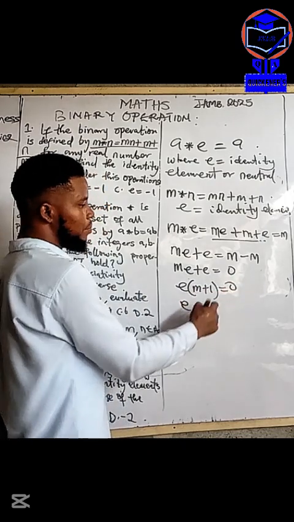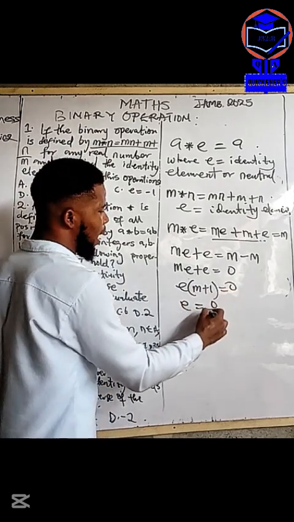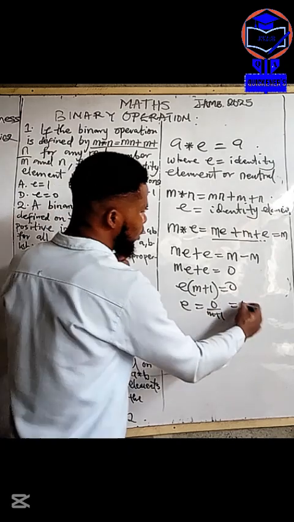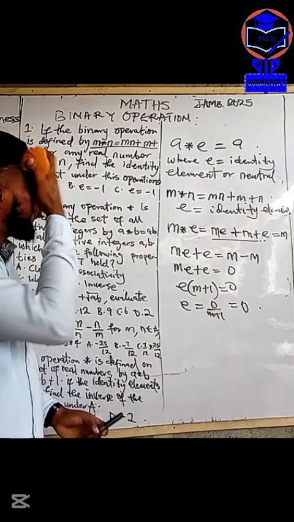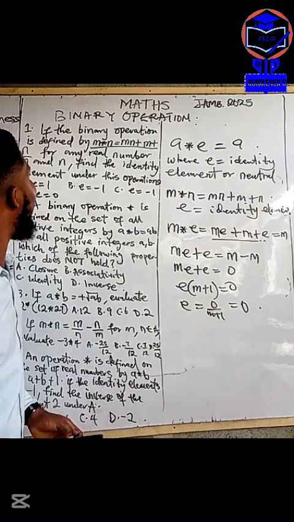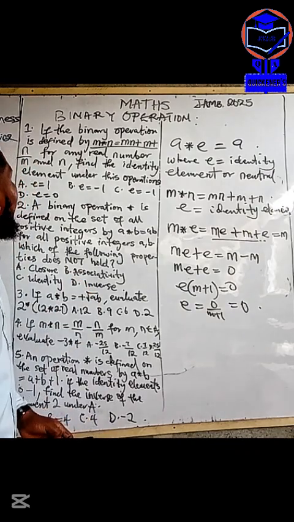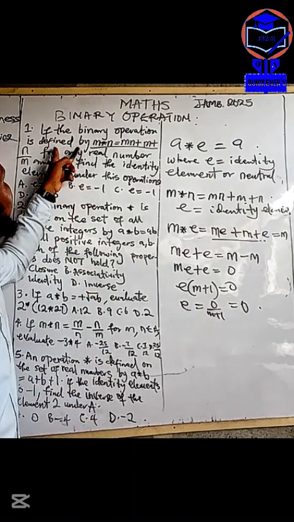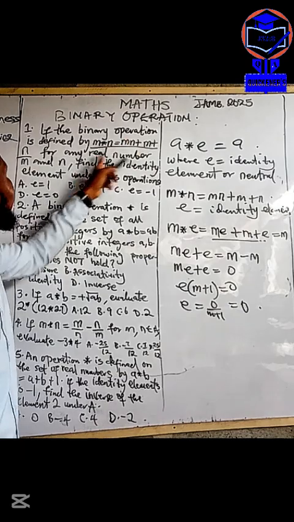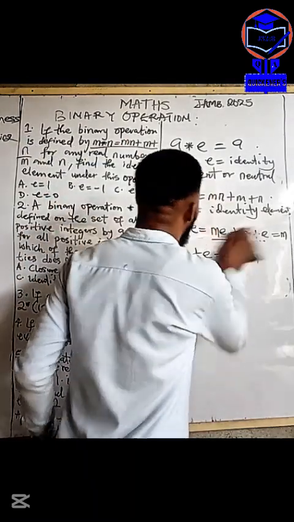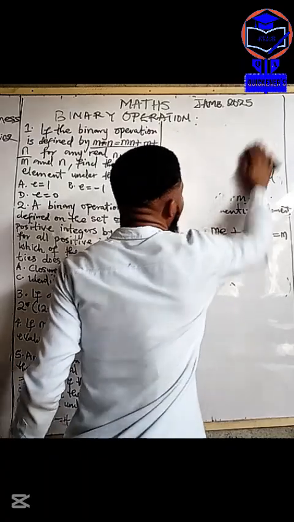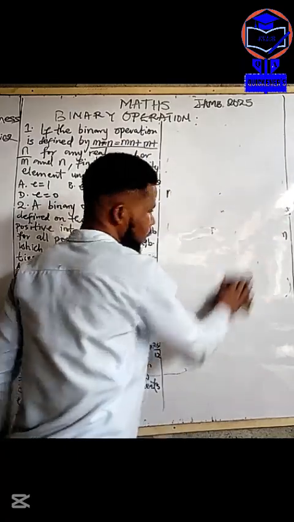If I divide both sides by m plus 1, E equal to 0 over m plus 1, which is 0. The identity element for the operation under the set of real numbers is 0, alright? So now let's solve the next question.